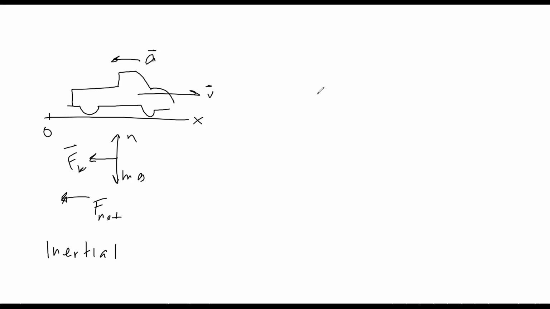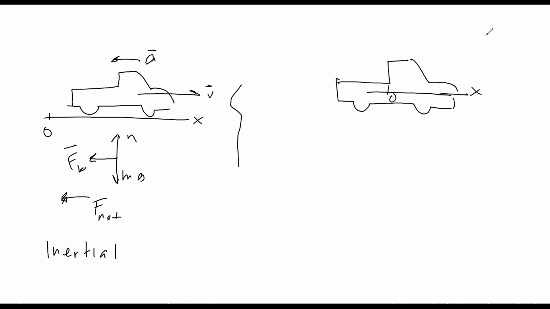What do people in the truck observe? And this kind of goes back to the relative motion stuff we talked about a little bit in chapter 4. So it's related, but what do people on the truck see, with a coordinate system on the truck? Well, the person in the truck is not accelerating relative to the truck, and so they're going to say that the F net is 0.